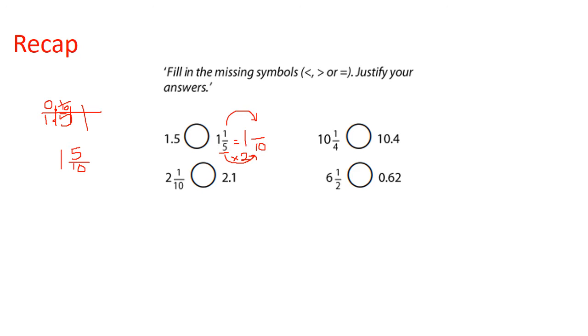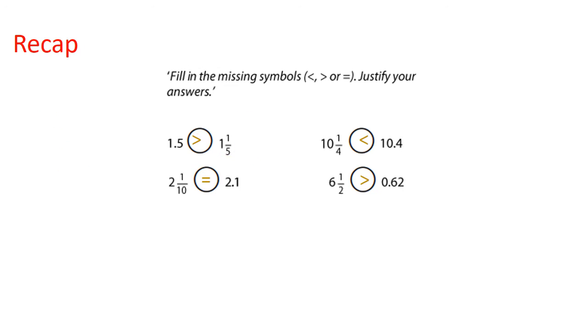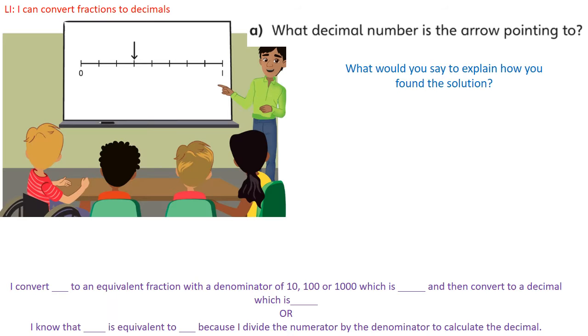So 1 times 2 is 2. Now we can compare 1 and 5 tenths to 1 and 2 tenths. So therefore we can say that 1.5 is greater than 1 and 1/5. I'll let you do the rest of those yourself. The answers are on the next slide.